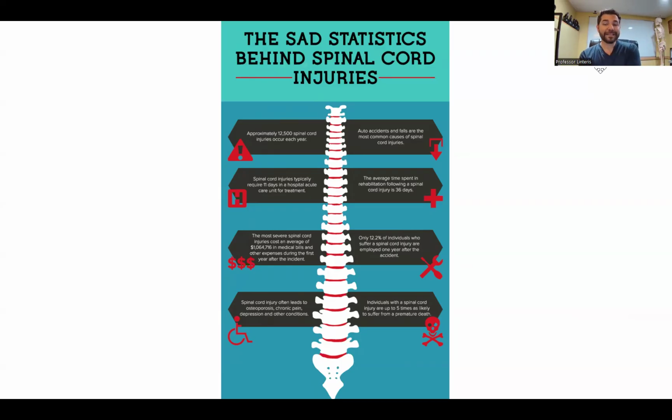It highlights some of the statistics associated with spinal cord damage. It's pretty serious usually. Again, that spinal cord is sending messages up and down to and from the brain. So if those messages are blocked by damage or something like that, it can have some serious consequences as far as sensory loss or motor loss.